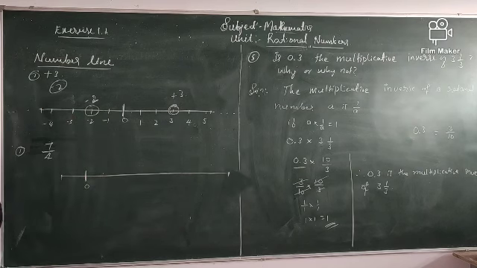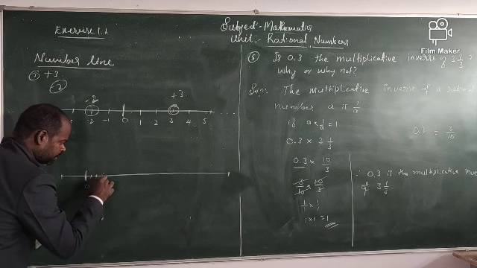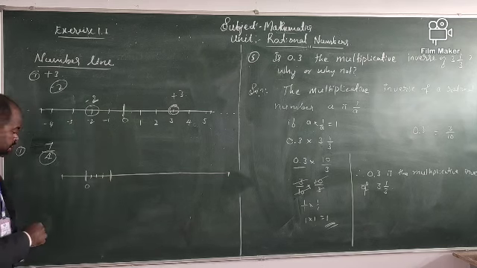But here we have to take care about the denominator. Here the denominator is 4, that means each unit is divided into 4 equal parts. 1, 2, 3, 4.